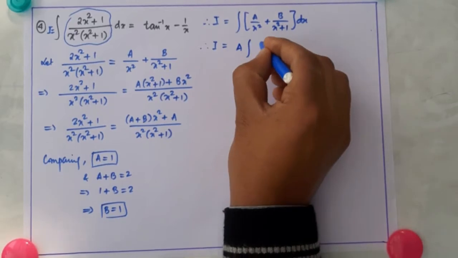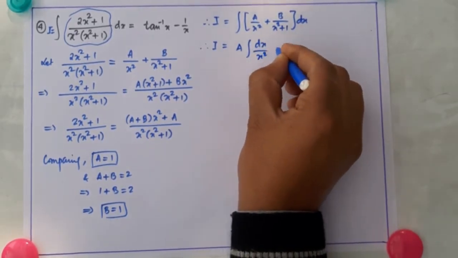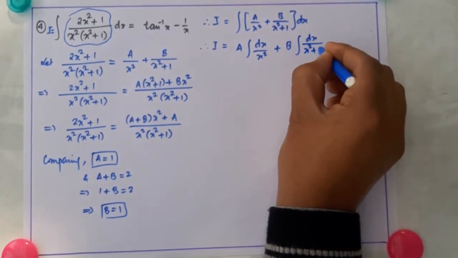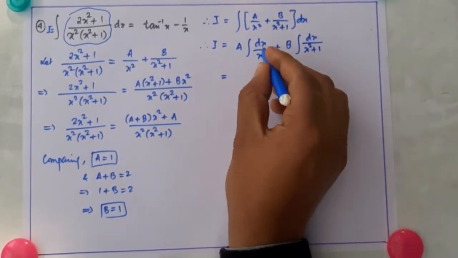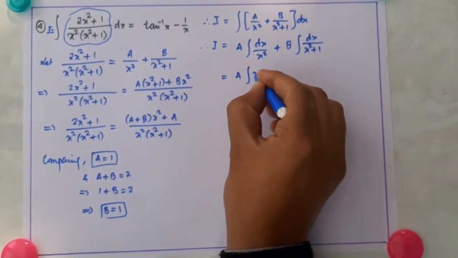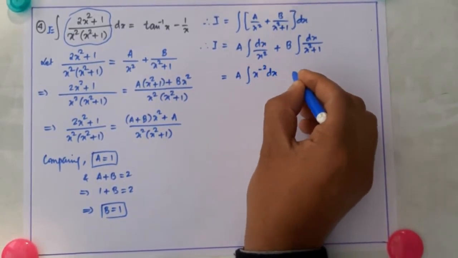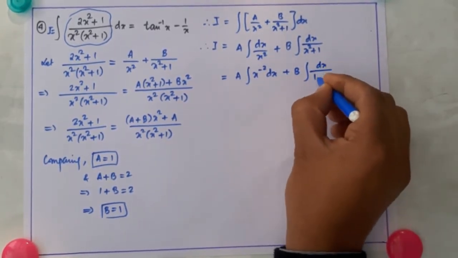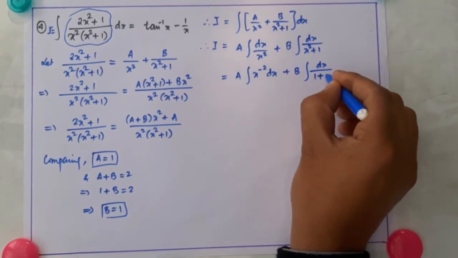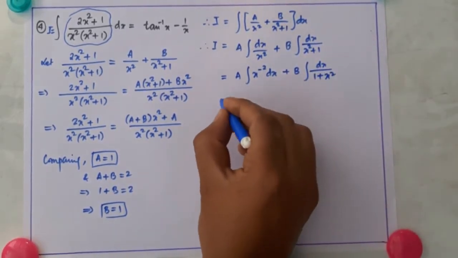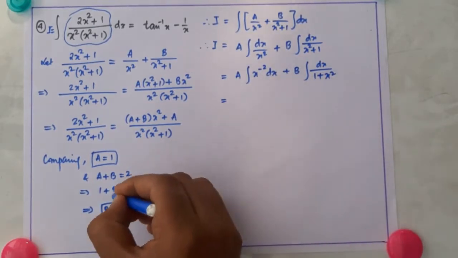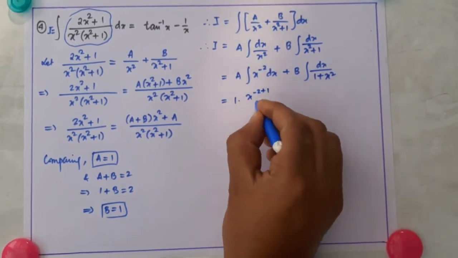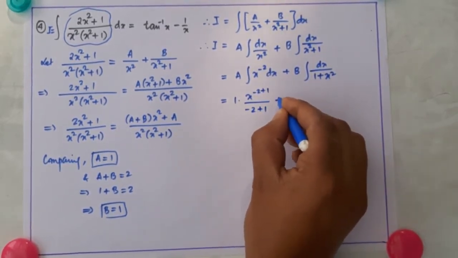So this can be written as a integral dx by x square plus b integral dx by x square plus 1. Now this is a integral of x to the power minus 2 dx, isn't it? Plus b, integral dx by 1 plus x square, isn't it? Now let me put the value of a as 1, so 1 into x to the power n plus 1 divided by n plus 1, plus b is also 1.